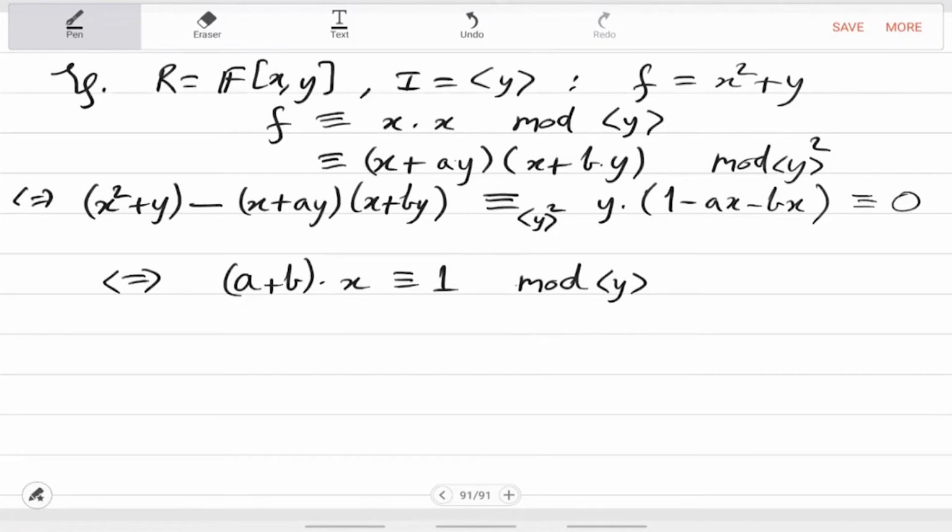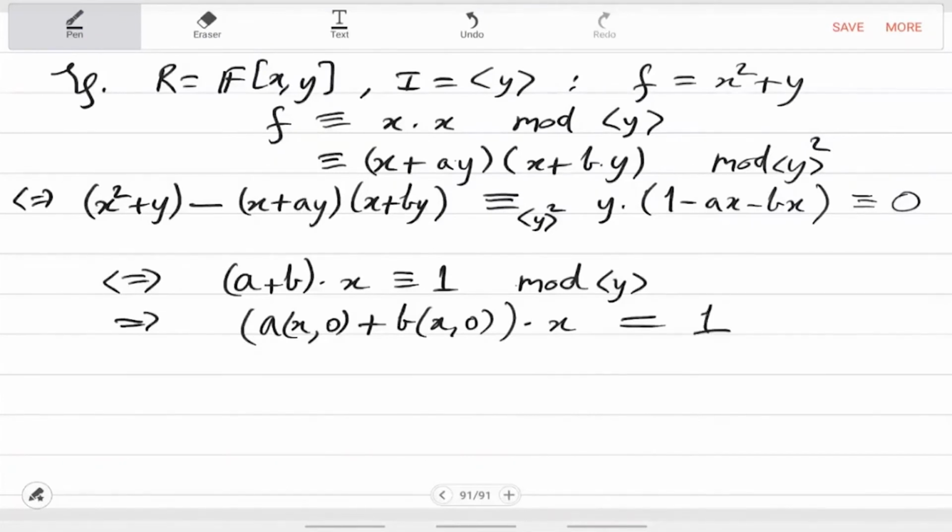And so can this happen? Can there be bivariate polynomials a and b so that this thing happens? So what is this thing? This is a at x comma 0 and this is b at x comma 0 times x should be equal to 1. Right?